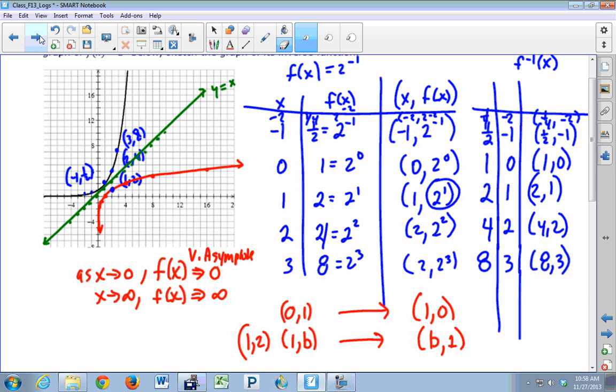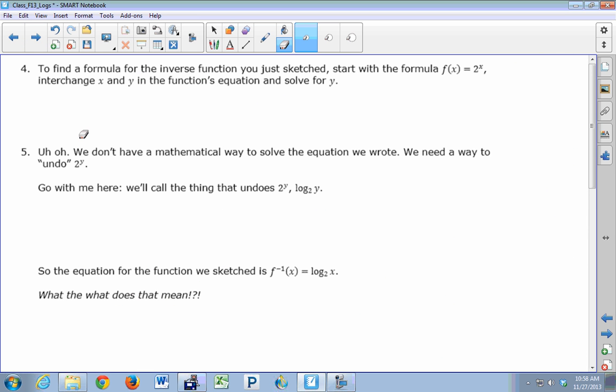So let's see if we can come up with the f inverse function. Let's go through the steps we went through at the beginning of our inverse function lecture. Let's see if we can remember what those steps were. We write our function down, and then we have to undo everything that happened.